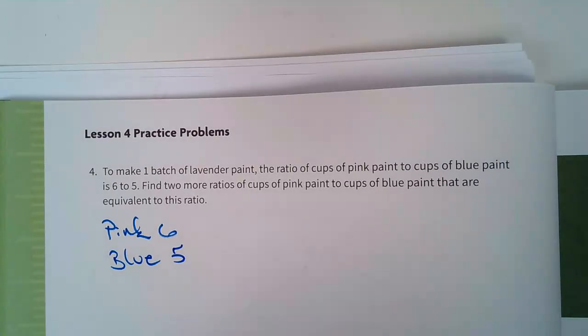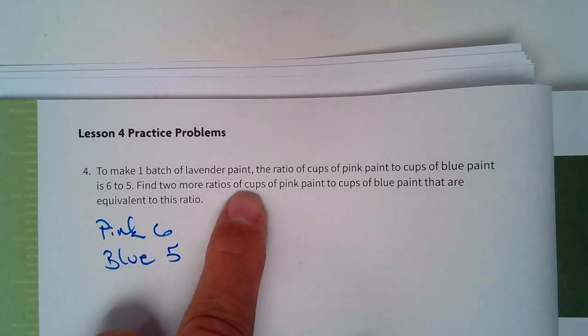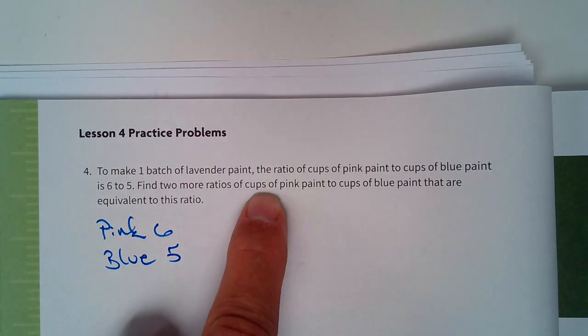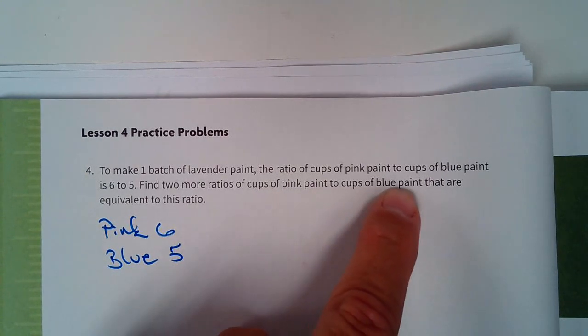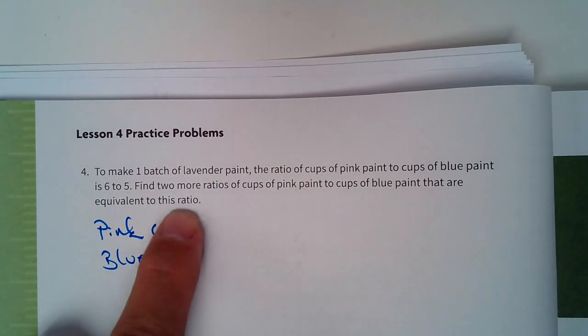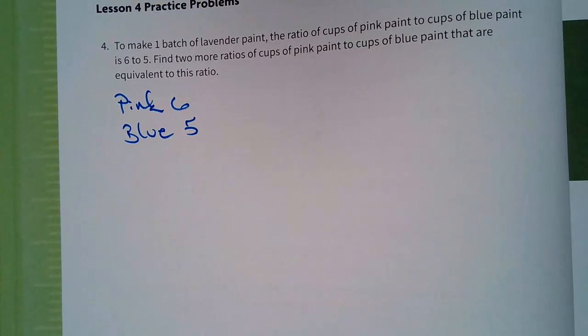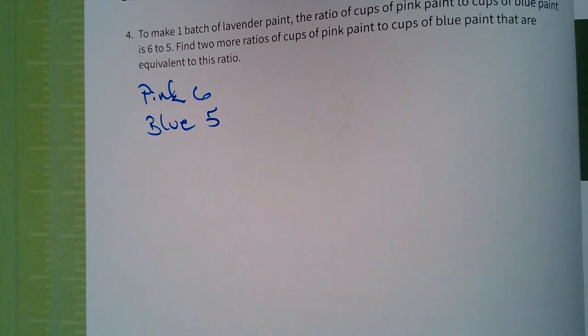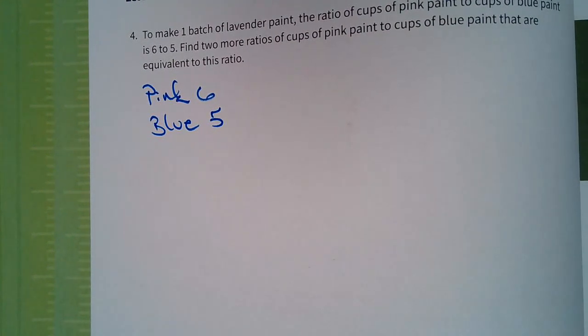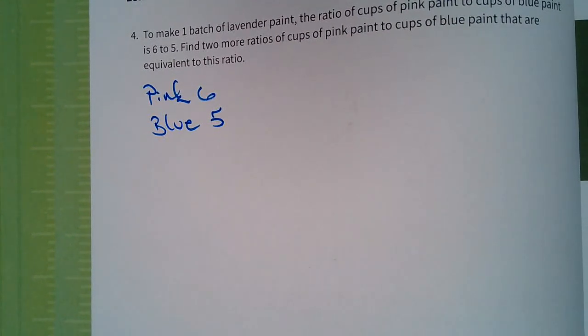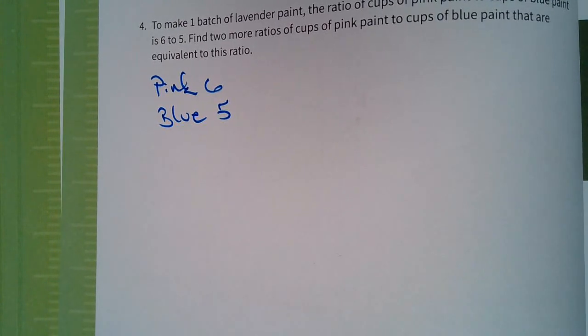Then it says find 2 or more ratios of cups of pink paint to cups of blue paint that are equivalent to this ratio. I'm not going to answer that one for you. I'm going to let you guys figure that out, but I am going to give you some examples of ratios.